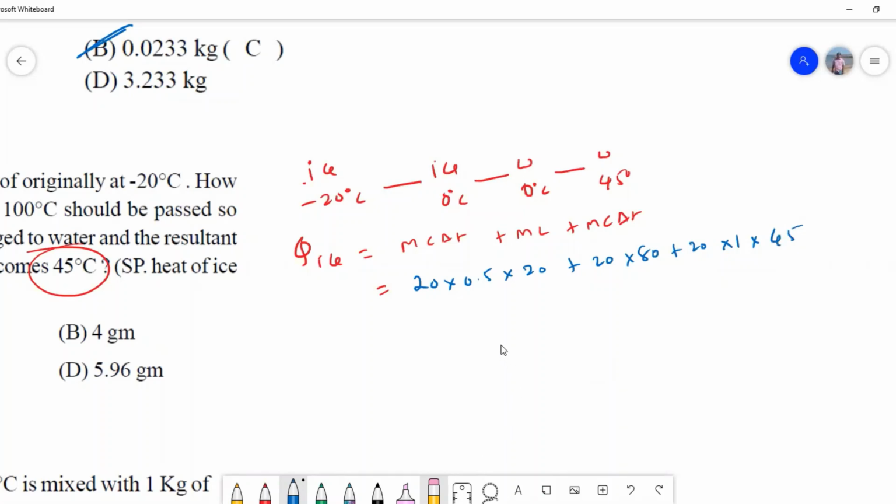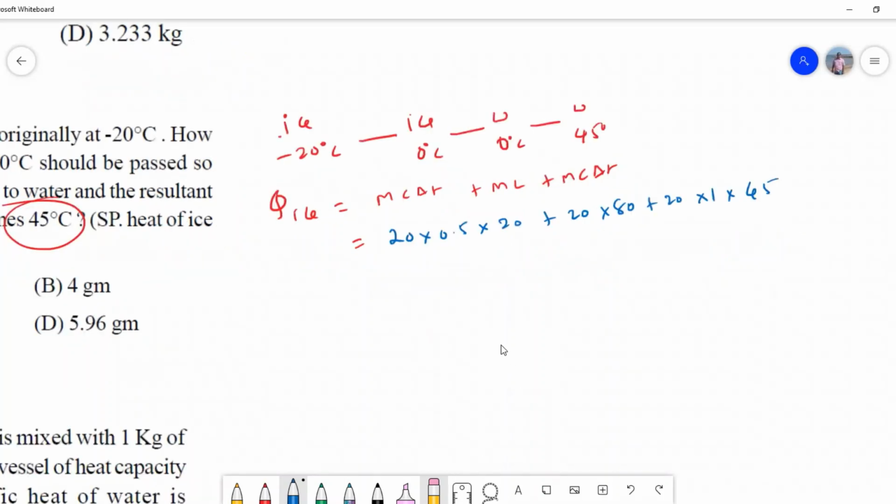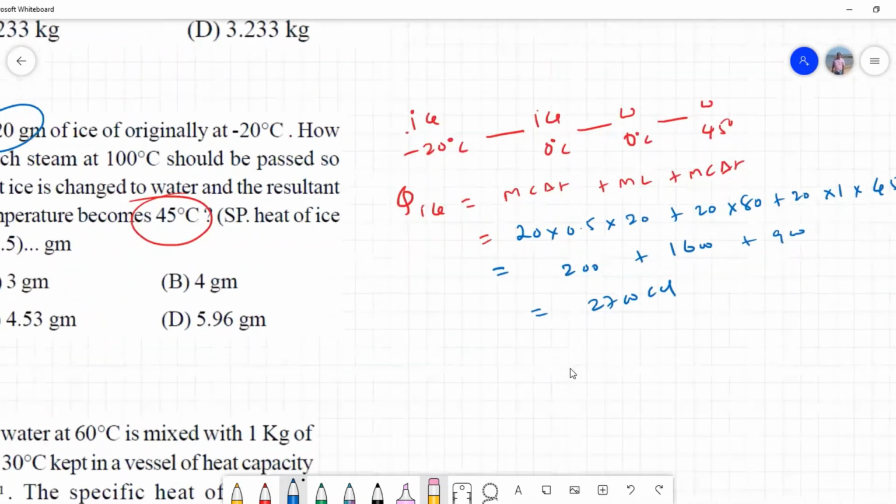Now let us calculate this one. I think this is 200 plus 1600 plus 900. So the total is 2700 calories. This much energy ice will absorb.